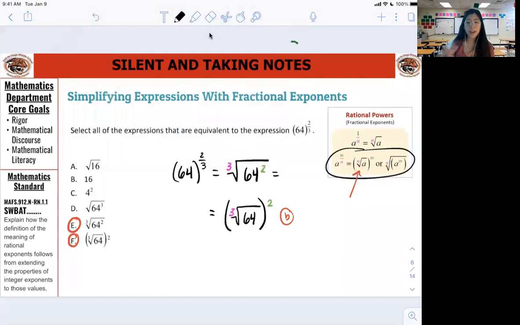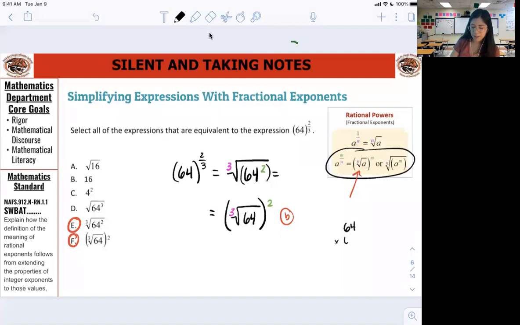If I'm trying to get an answer in option A, I have to do the exponent first, because technically there's little parentheses inside. So I've got to do 64 squared. Do I know off the top of my head what 64 to the power of 2 is? No. And let's say you don't have a calculator for this part of the test.